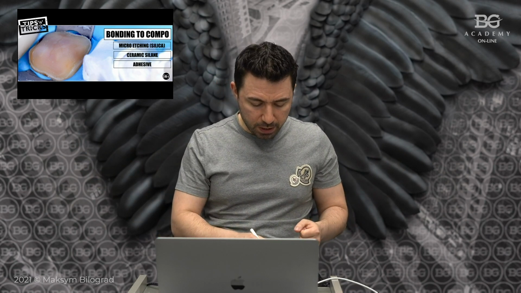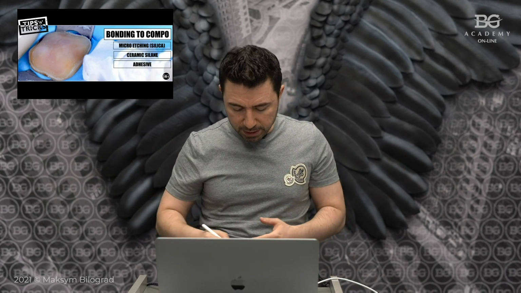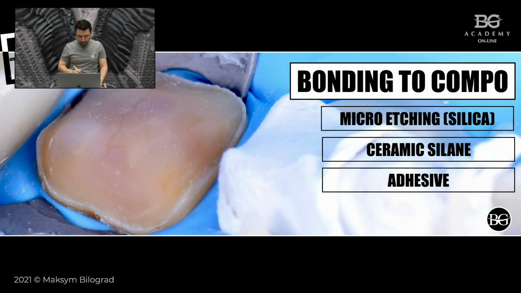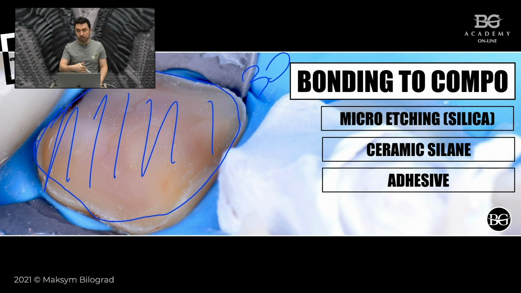So if we go into steps, let me give you really briefly how we will do it in clinical conditions. So we etch our enamel, the tooth surface, with phosphoric acid for 30 seconds. Okay, 30 seconds on enamel. Then we can etch the rest of the surface just for cleaning, like 5 to 10 seconds, rinse, dry.